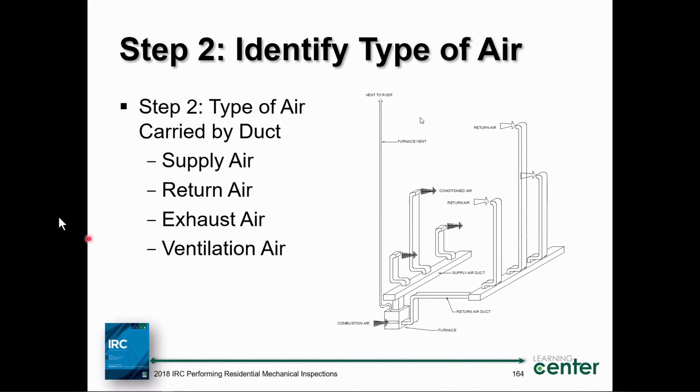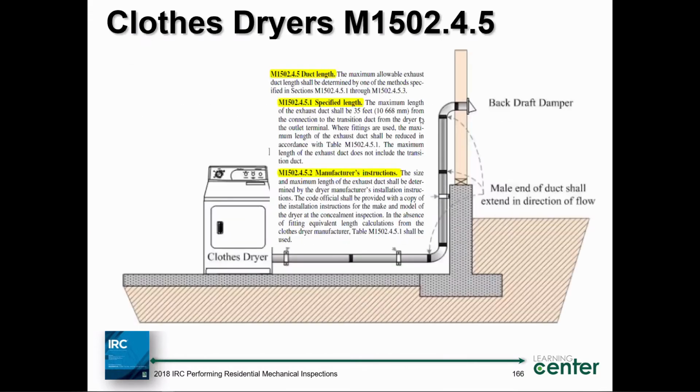All right, now I have some code sections here for you. While we're talking about ducts, we're going to say that I've got an electric clothes dryer. Remember this from this morning? An electric clothes dryer. You're going to go to chapter 15. There's a section for closed dryer exhaust systems right here. In general, you're going to be given a specified length.